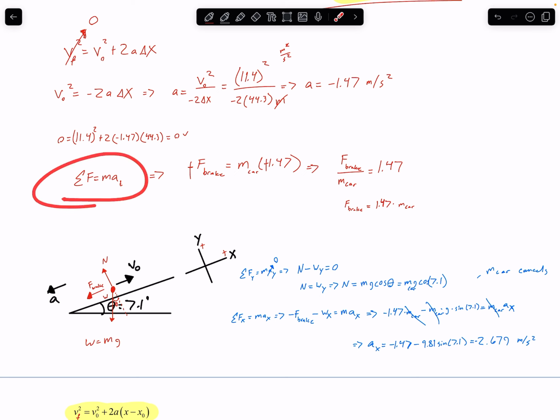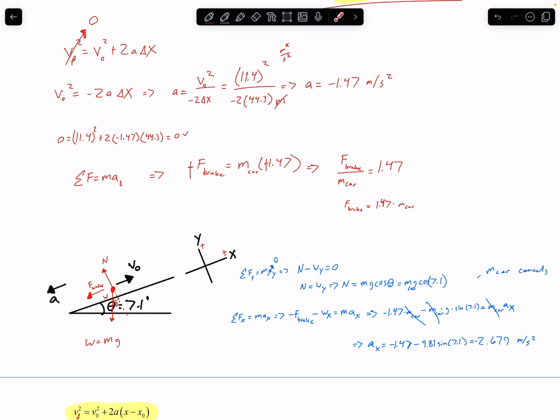And then this is where we start using kinetics. So we know that the sum of forces is equal to the mass times acceleration. I guess this could potentially be tangent, it's just going in a straight direction, so there are no radial forces or acceleration.